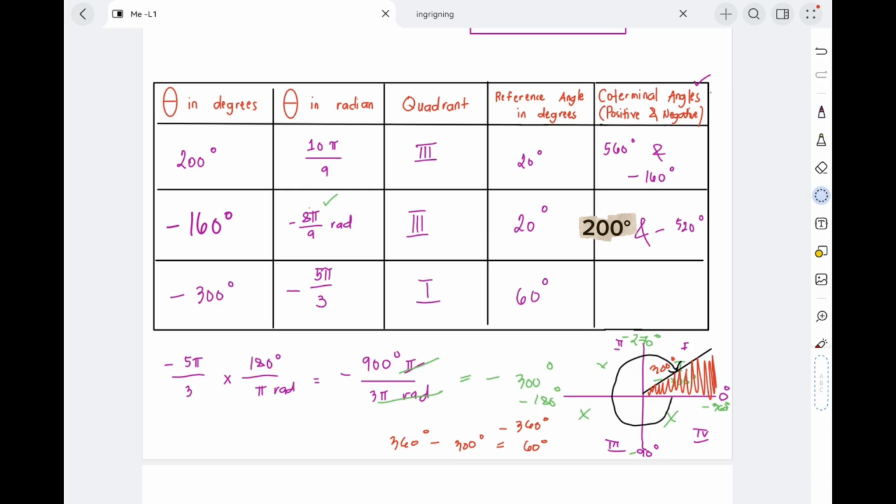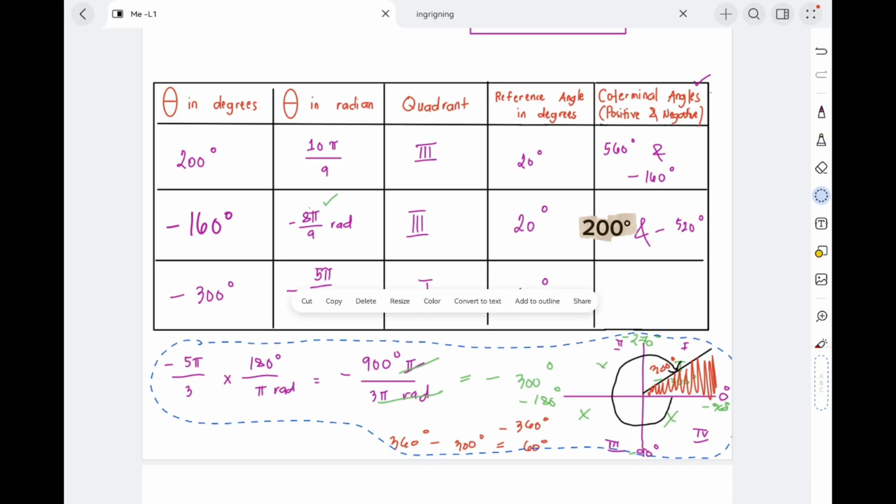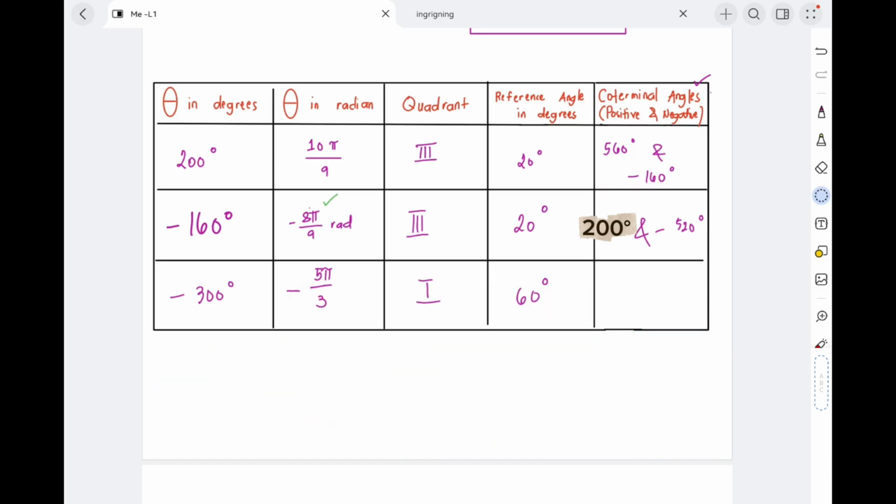And as for the coterminal angles, we just have to add and deduct 360 degrees angle to the given angle. So our given angle is negative 300 degrees. So plus 360 degrees. So that is equal to 60 degrees. Negative 300 degrees plus 360 degrees. Minus, sorry. This is minus. So again, negative 300 degrees minus 360 degrees.